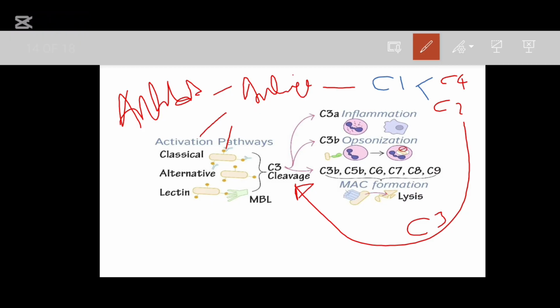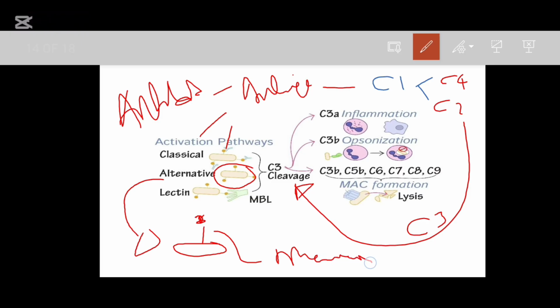Okay. How about the alternative? What has happened with the alternative pathway? With the alternative pathway, there's been a connection of this particular surface, as you can see here, with microorganisms, the microbial surface.